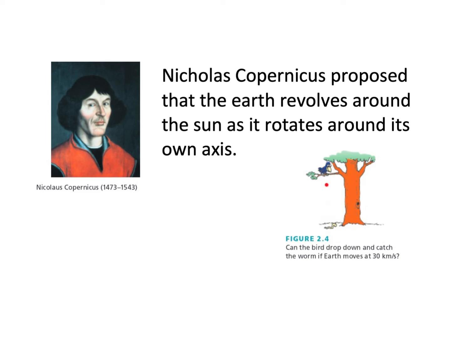So when the bird does drop down, the worm doesn't get carried away because the bird maintains that sideways motion as it's falling down. And again, that's just a basic idea of inertia, or Newton's first law.